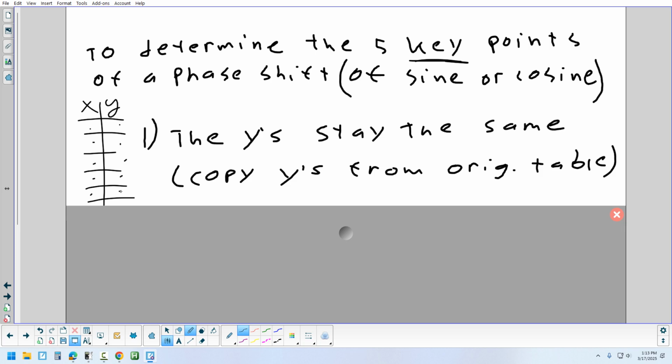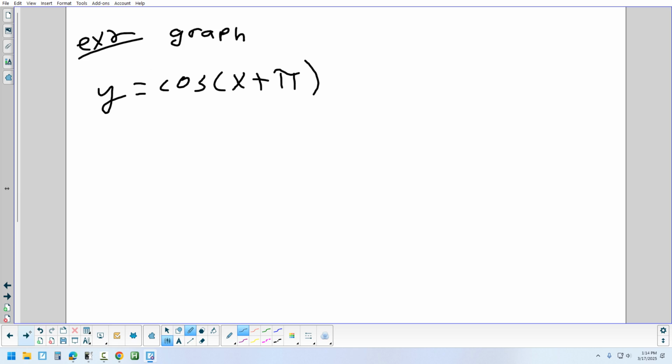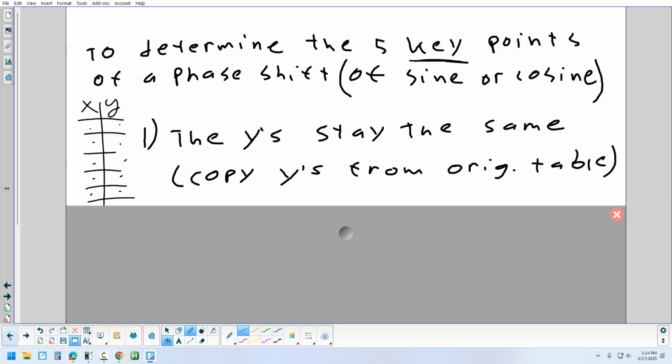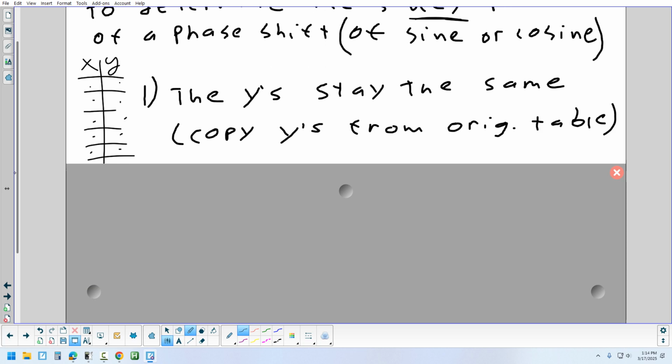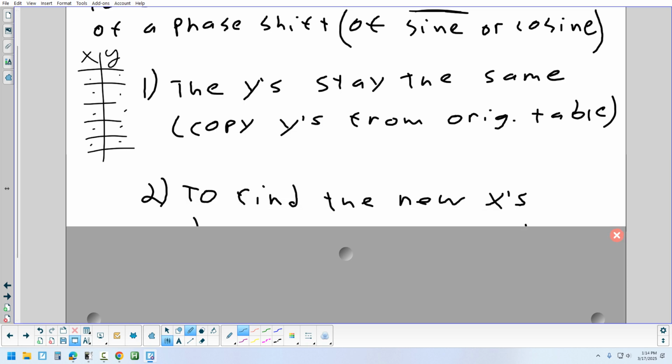Now, which y's do you copy, sine or cosine? Well, you need to read the problem. In this problem, you're going to copy down the sine. In that problem, you're going to copy down cosine. So it just depends on which function I do. Okay, so if the y's are all going to stay the same, then that means the x's are all going to change. Yep. So now we need to find the new x's.